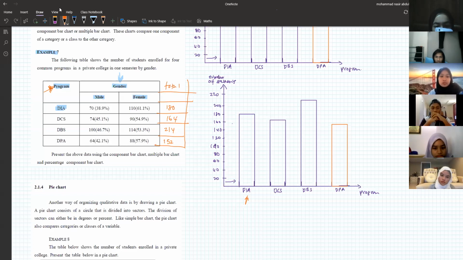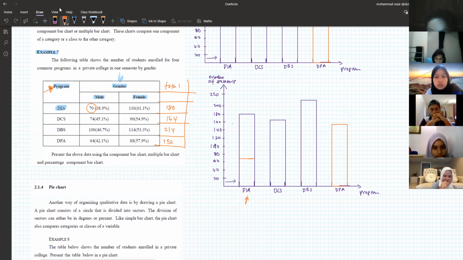So for each category, you will divide the category by gender. So for diploma accountancy, we will divide male and female. So male is 70. The number of male is 70 out of 180. So you need to highlight this one.